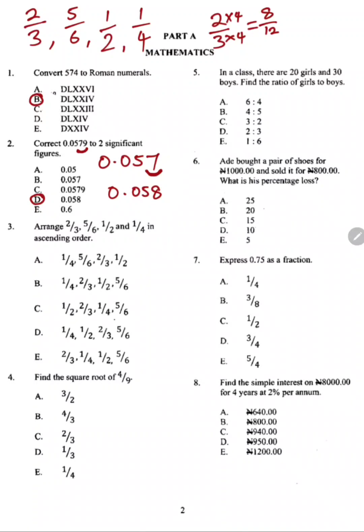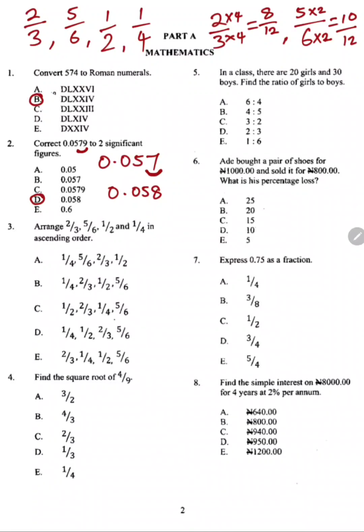So my 2 over 3 will be 8 over 12. Okay. And then my 5 over 6, I need to multiply 6 by 2 to get 12. Therefore, 5 over 6 will be 5 times 2 over 6 times 2, and this gives me 10 over 12.